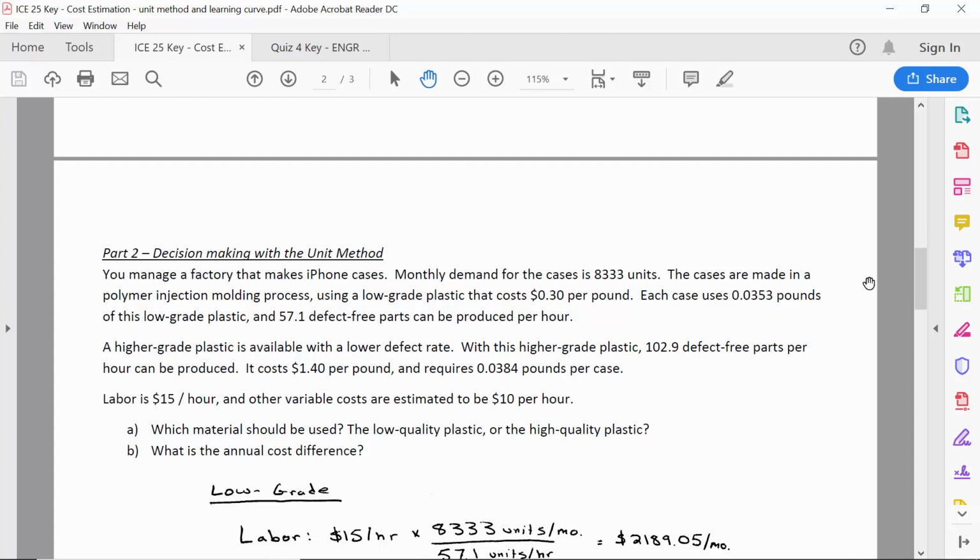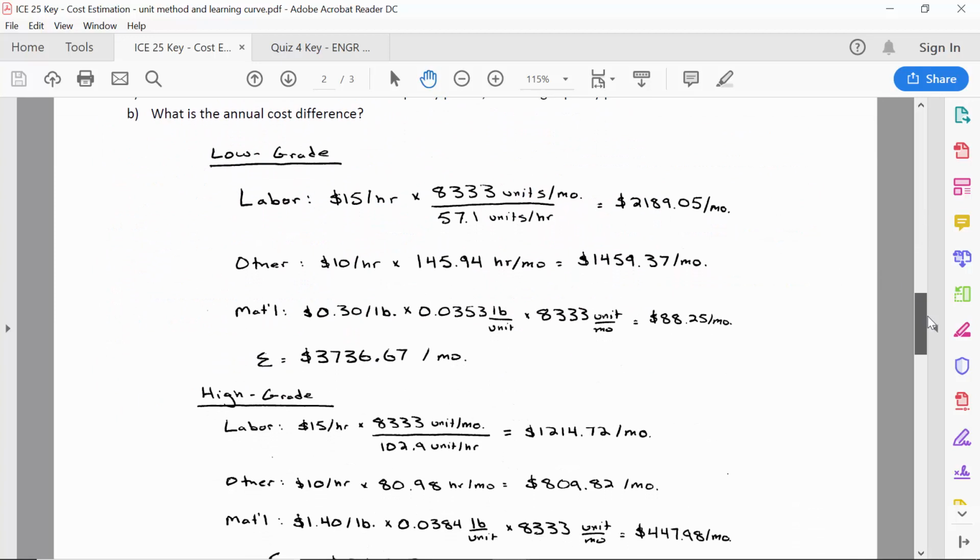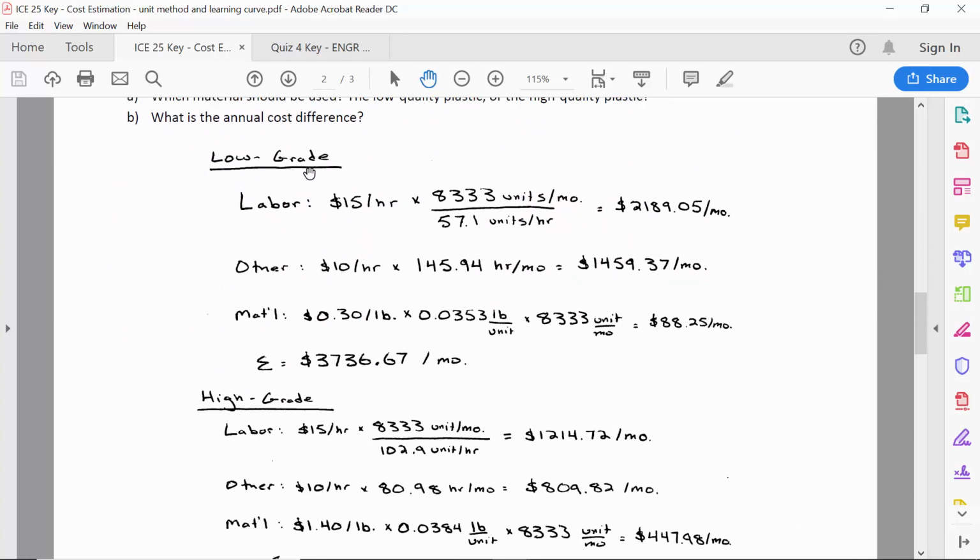So the comparison here is that with the low-grade plastic, what you'll notice is that the labor costs are higher. Comparing the low grade to the high grade, the labor costs are higher for the low-grade plastic. The materials are lower. The materials are only costing $88 a month for that plastic.